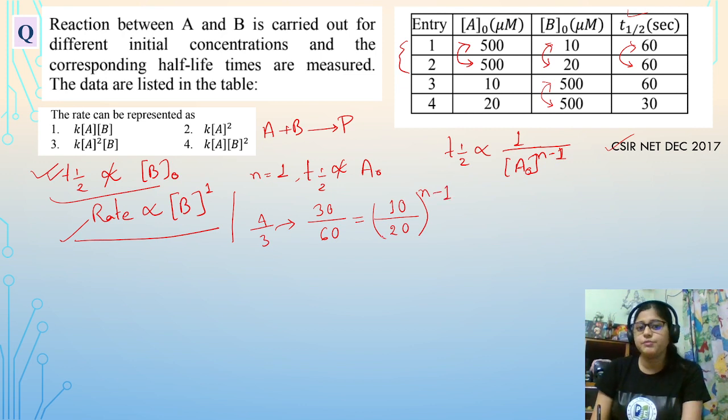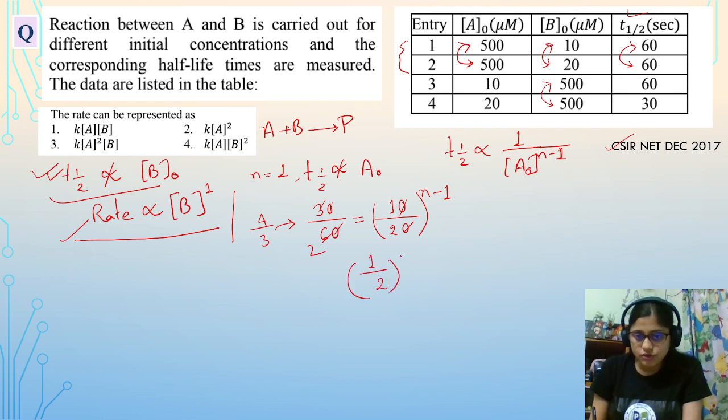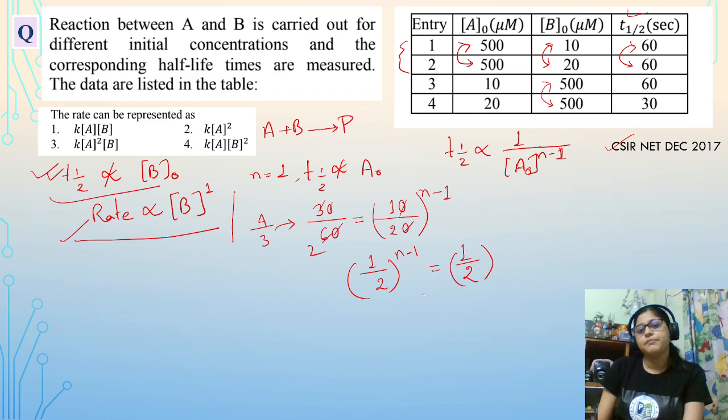T half is inversely proportional to A0 to the power n minus 1. So what are we getting? 1 by 2 to the power n minus 1 equal to 1 by 2. So n minus 1 will be equal to 1, and n will be equal to 2.